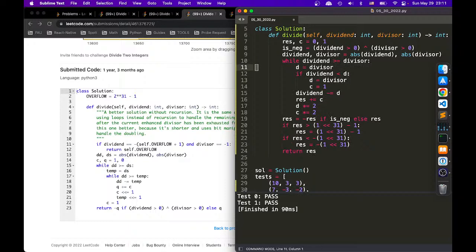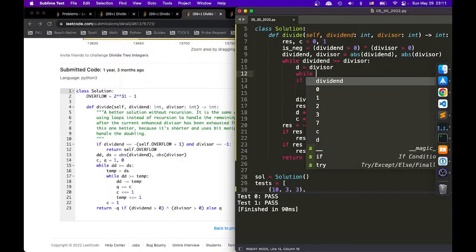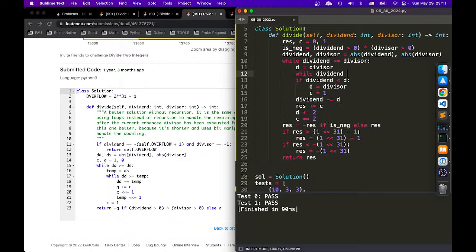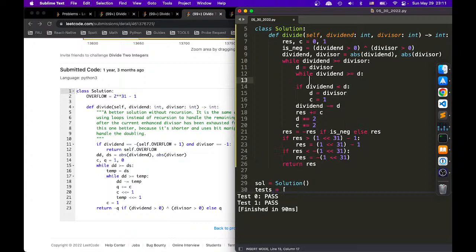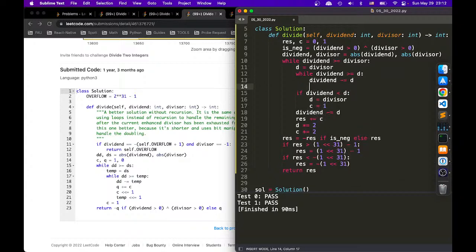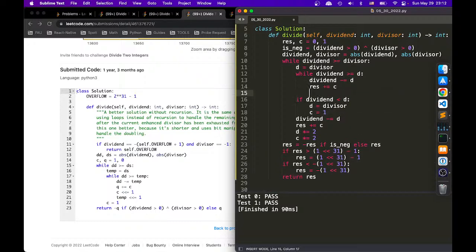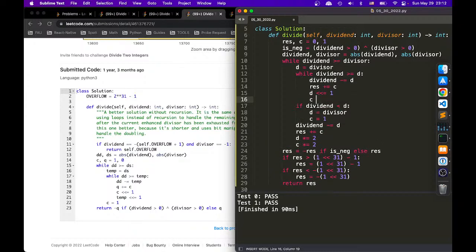And then we're going to do another while: while dividend is larger than or equal to d, then dividend minus equal to d, res plus equal to c, and then d left shift 1 and c left shift 1, right?